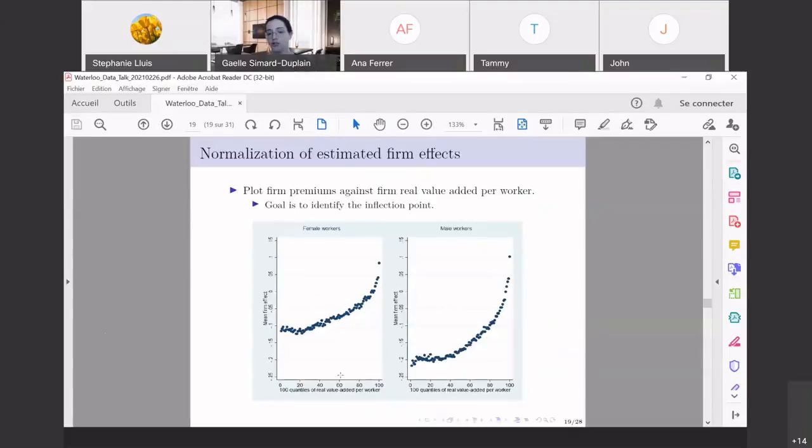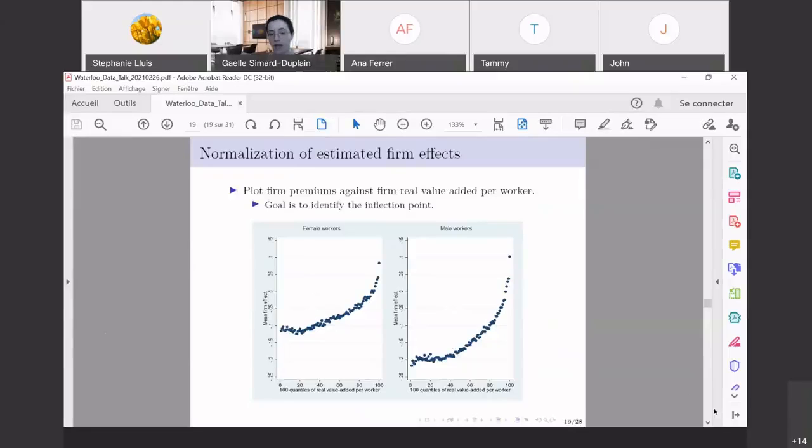We've binned real value added in 100 bins, and we've calculated the average firm effects in each bin. And if you plot that, you see that you have essentially a flat portion and then an inflection point after which you have an upswing in firm effects, right? So what we're trying to do is essentially identify this inflection point and use that to normalize the firm effects.